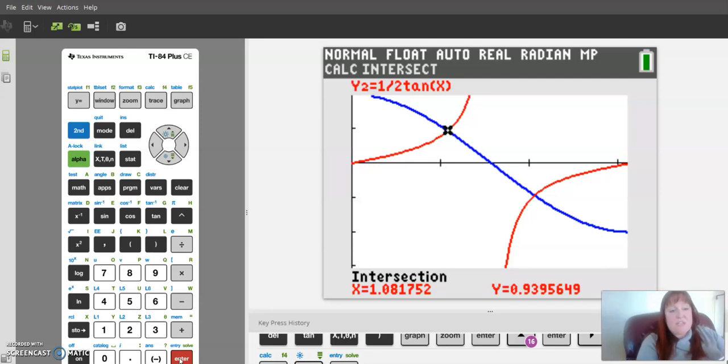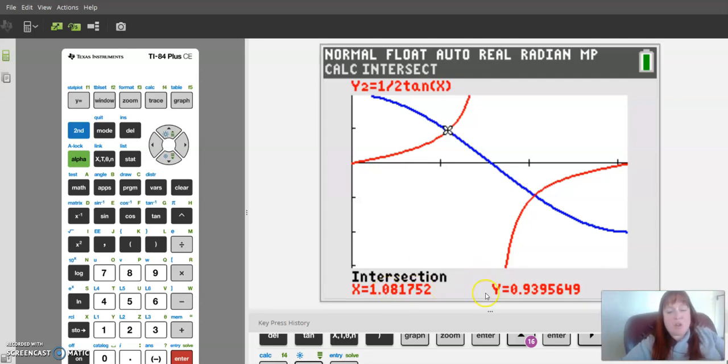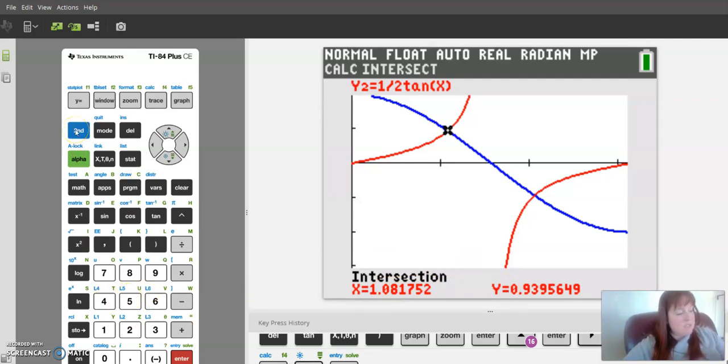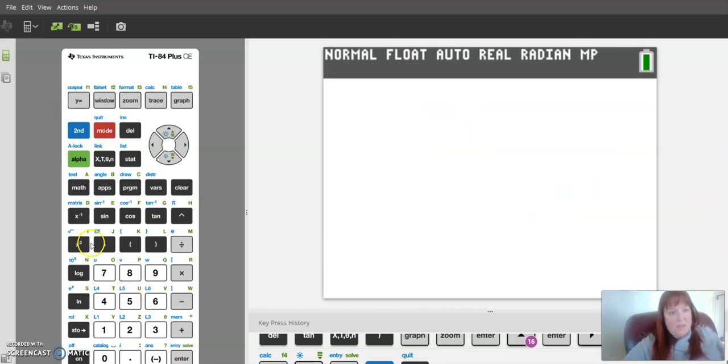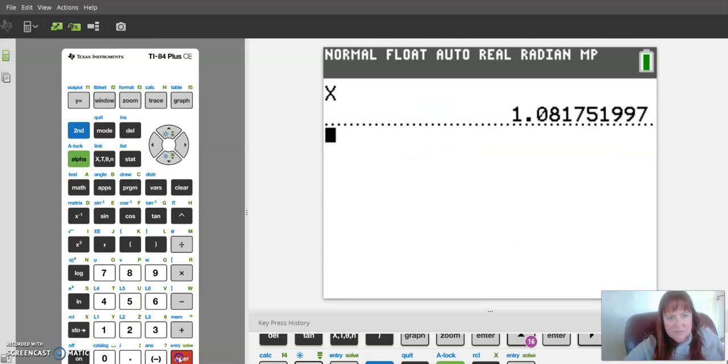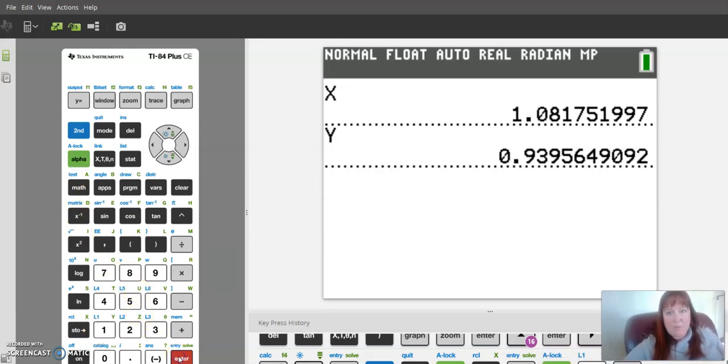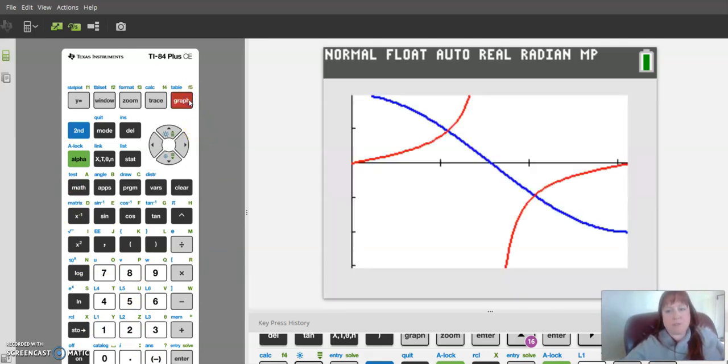One of the cool things I didn't know is that this automatically stores your x and y in your calculator. If I go back and do alpha x, I get that x value I just calculated, and if I do alpha y, it gives me the y value. So those two are already in my calculator. Awesome thing to know.